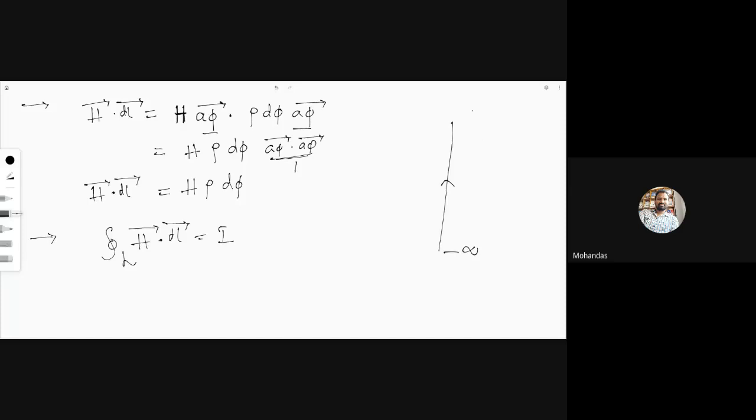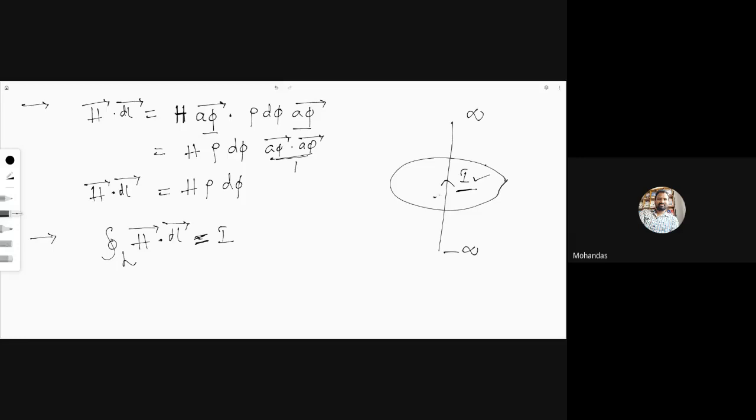This is an Amperian path, and this Amperian path encloses this current I. That is nothing but I enclosed, so it should equate to I only.